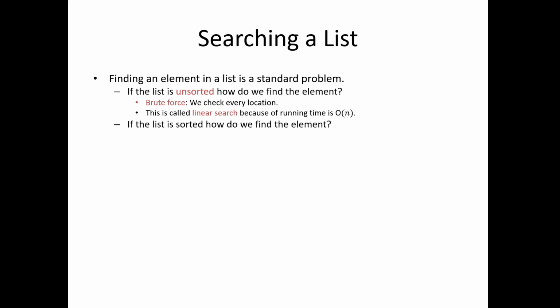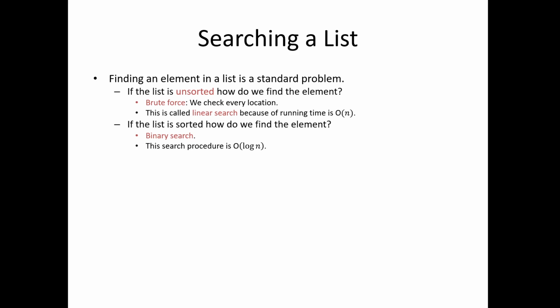Alright, so let's say we sort the list now. Are we able to find the element a little bit easier? And of course, the algorithm we use in this case is called binary search, similar to a phone book or dictionary search, where you look in the middle and compare the element to the one that you're looking for, and then you can rule out half of the elements on each check.